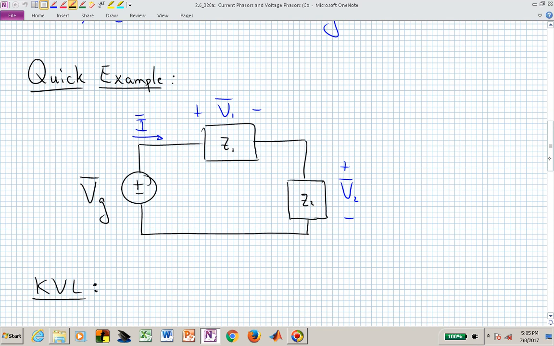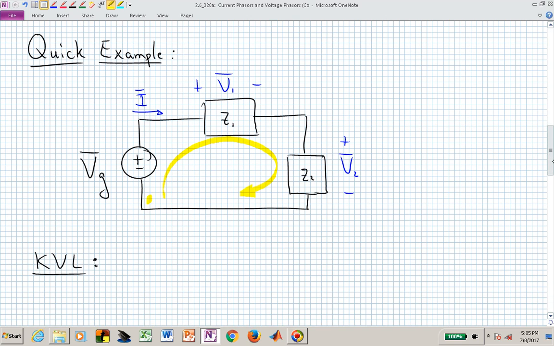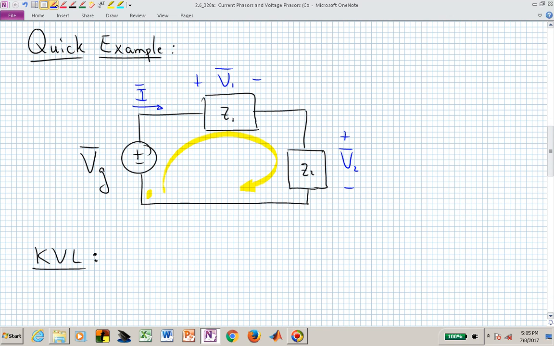In this case, we still can apply Kirchhoff's voltage law and Kirchhoff's current law. It's just that we have to use phasors or vectors when we're doing the algebra or the manipulation with the numbers. For Kirchhoff's voltage law, we can apply that to this series circuit, and if we start down here in the lower left, we can move around that circuit and sum up the voltages to find that we have minus V sub G as a phasor plus V1 as defined plus V sub 2.